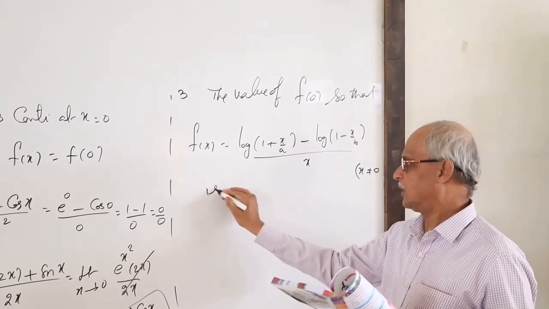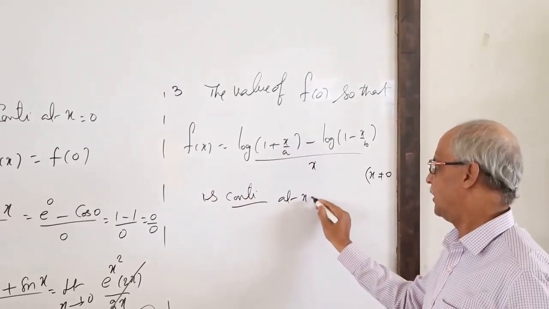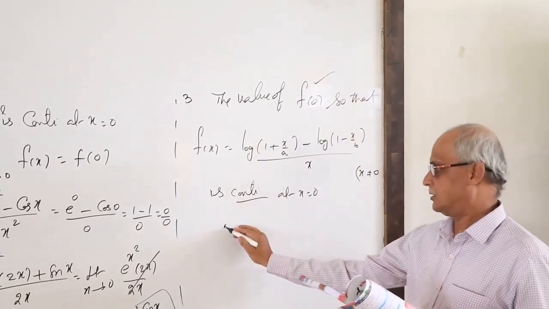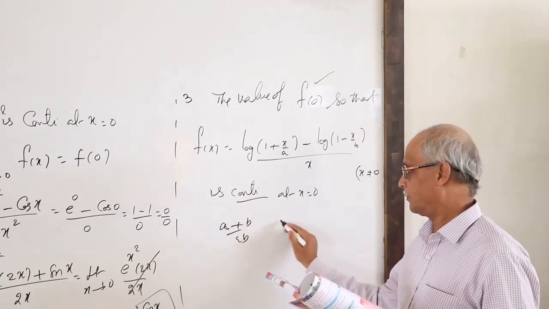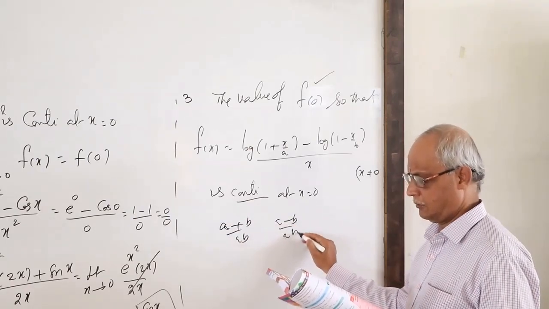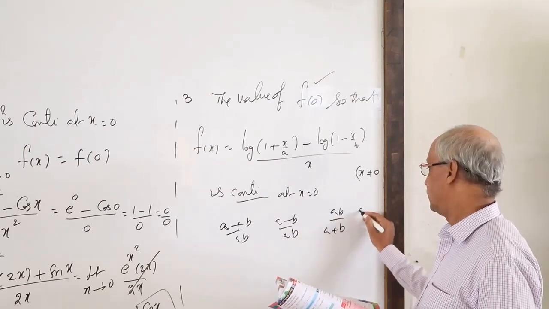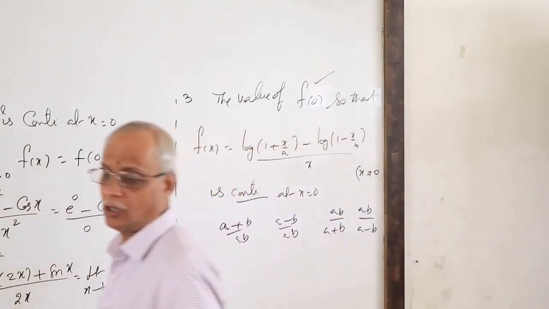It is continuous at 0. Find f of 0, again like the above statement. The answers are a plus b by ab, a minus b by ab, and next 2ab by a plus b. The 3rd and 4th options are reversed from the first two options.